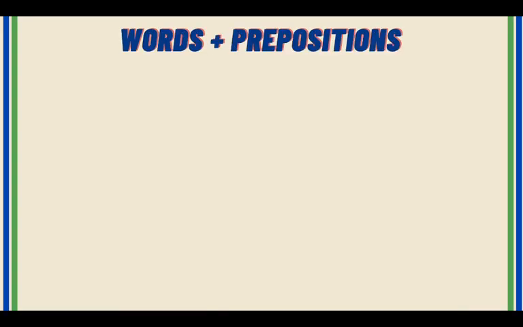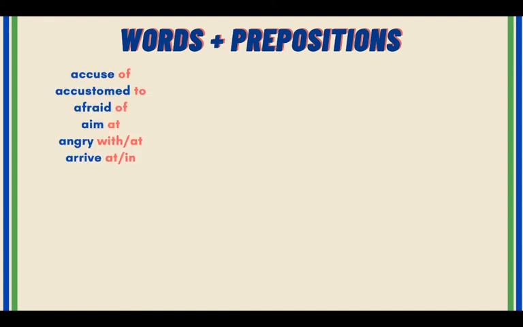We'll see some more examples. That means combinations of words and prepositions. As I already told you, there is no rule as such. You need to remember the words plus prepositions. Accused of, accustomed to, afraid of, aim at, angry with, angry at, arrive in.